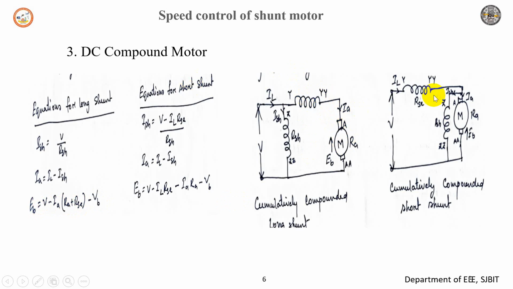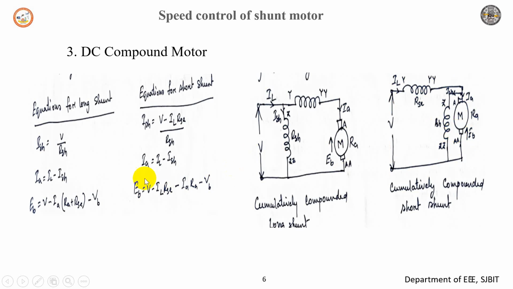Now, coming to the short shunt, the shunt current flowing here is the voltage V minus the drop across the series field, IL RSC, divided by RSH. Therefore, Ia will be the current IL minus ISH. Now, if you apply KVL to this loop, EB is equal to V minus IL RSC minus Ia into RA minus VB.